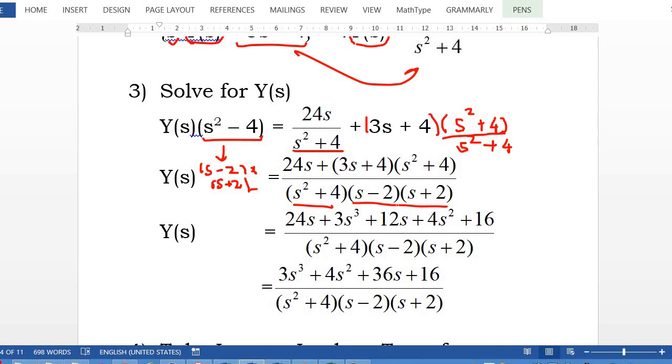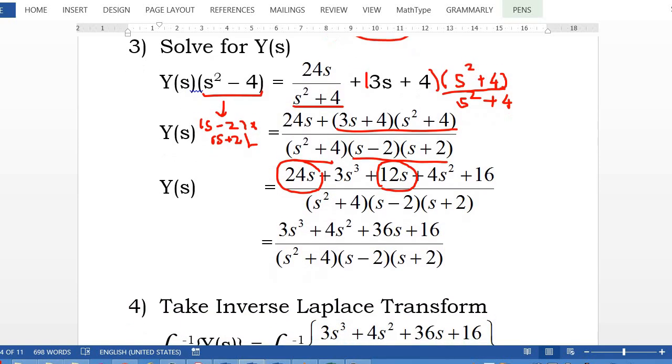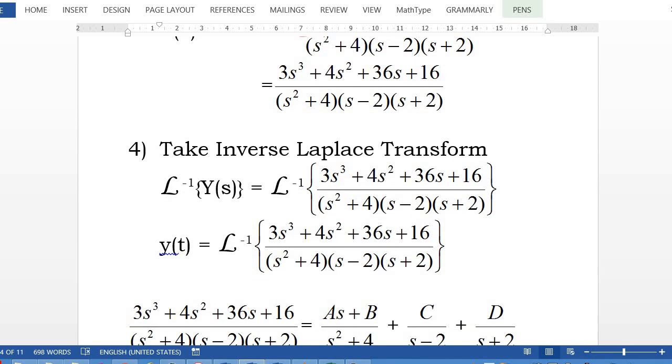This is multiplied, bring it to the right-hand side, it becomes divided by s minus 2 and divided by s plus 2. And then we expand the second term on the right side and simplify it. So we have 3s cubed plus 4s squared, then 24s plus 12s, 36s, plus 16, over s squared plus 4 over s minus 2 over s plus 2.